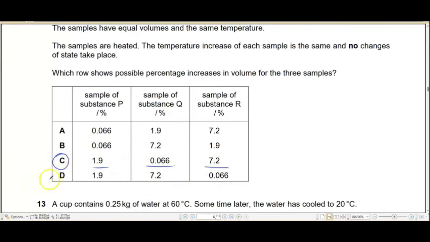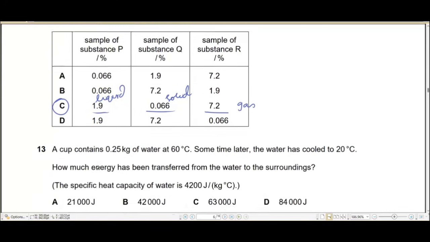So C is going to be our correct option. The greatest percentage increase of volume is seen in substance R, which was a gas. The least is seen in substance Q, which was a solid. And this intermediate one is the sample P, which was a liquid. Right? So C is our correct option.